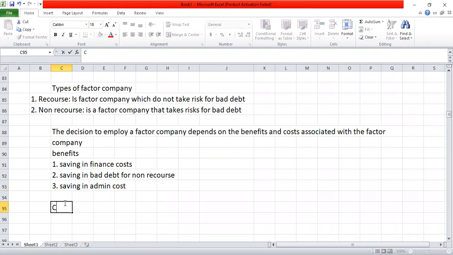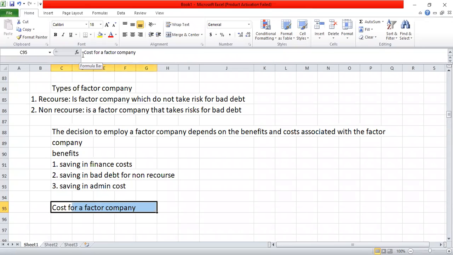What are the costs? Costs for a factor company.